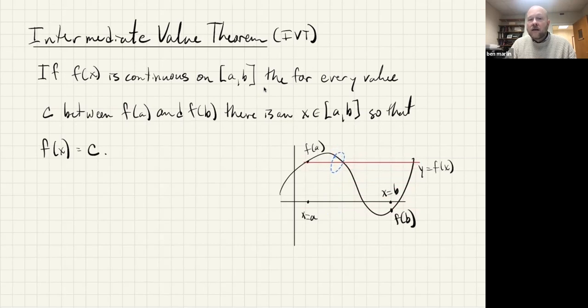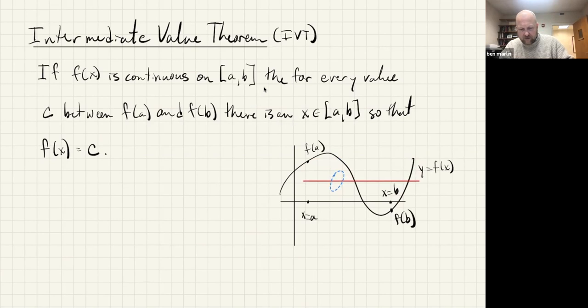Now, if you wanted to say, to heck with it, I'm going to scoot my value of a over there so that it's at the peak, and the value of b to be over there at the trough, then you get a little bit more mileage out of the theorem. But how can you ahead of time pick those out? Maybe you can, maybe you can't.